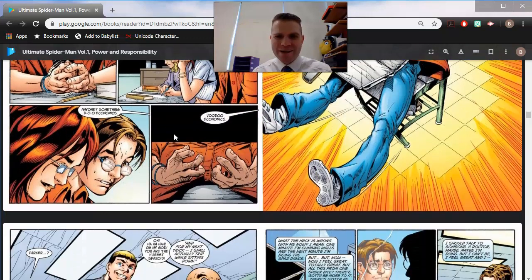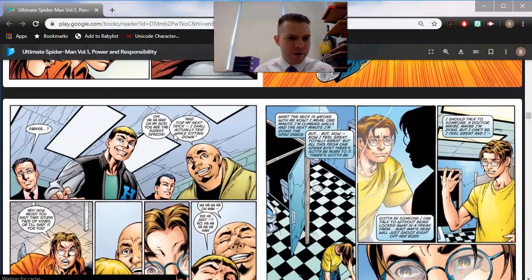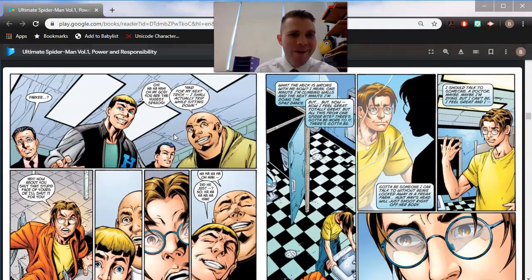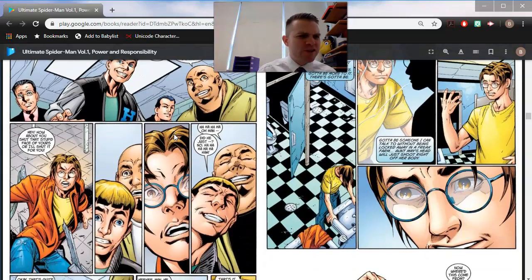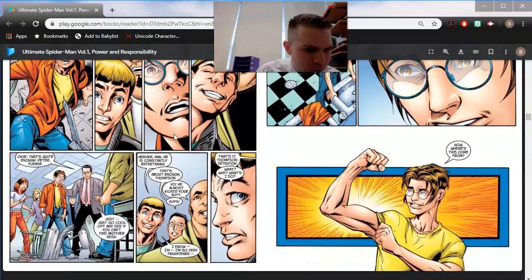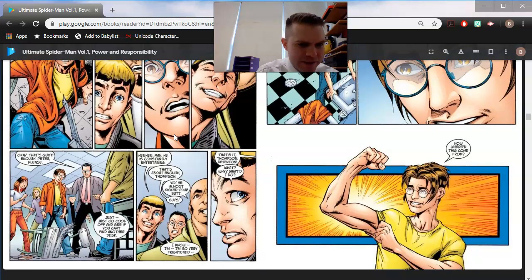Peter snaps his desk in half. Parker? Oh my god, you are the hugest spazoid. And for my next trick, I shall actually trip while sitting down. Hey, how about you shut that stupid face of yours or I'll shut it for you? Everyone's surprised. Oh man, did he just... No. Okay, that's quite enough, Peter, please.